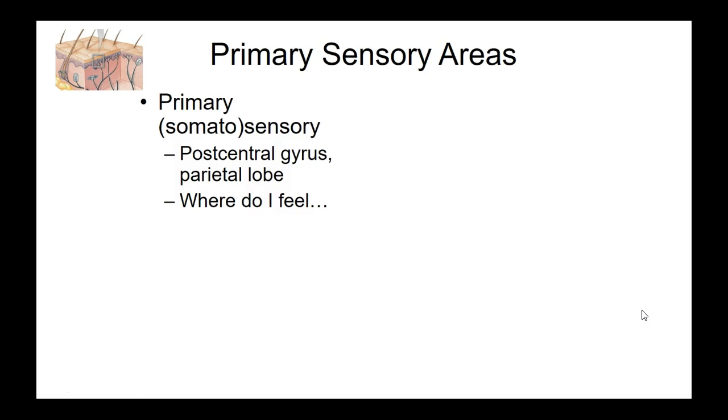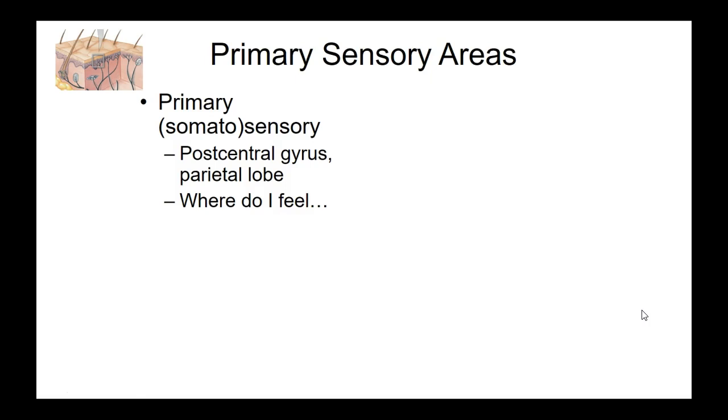All right, so we have primary areas and association areas for a variety of inputs and outputs for our brain. So the main one that's involved with somatosensory information, also known as the primary somatosensory cortex, is the one taking in sensory information, say, from our fingertips.